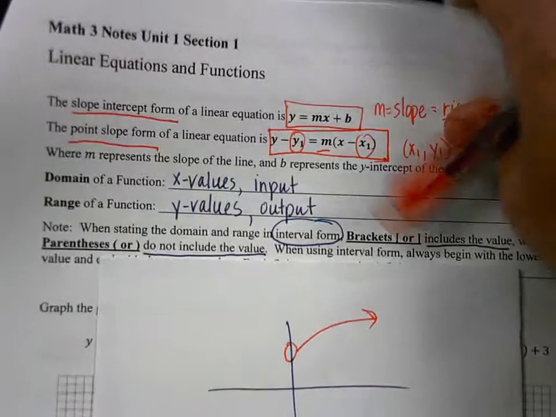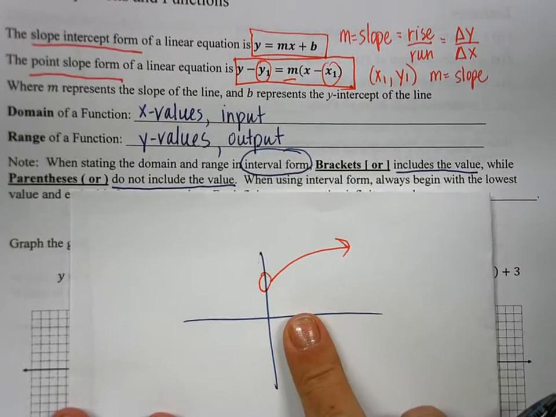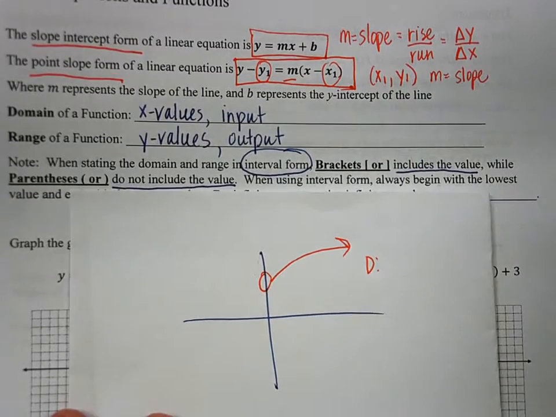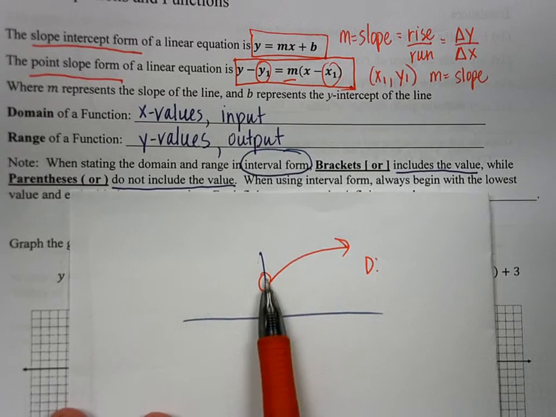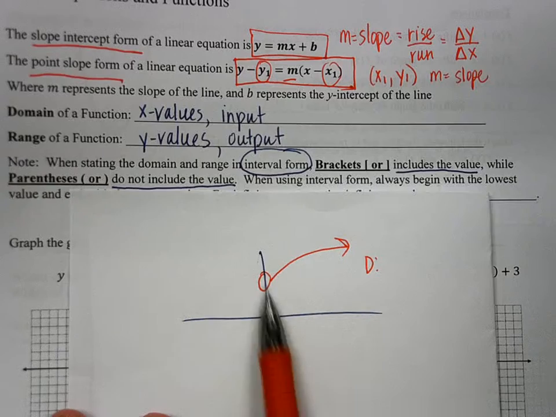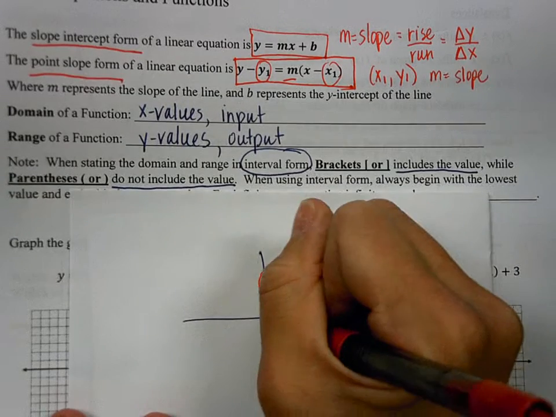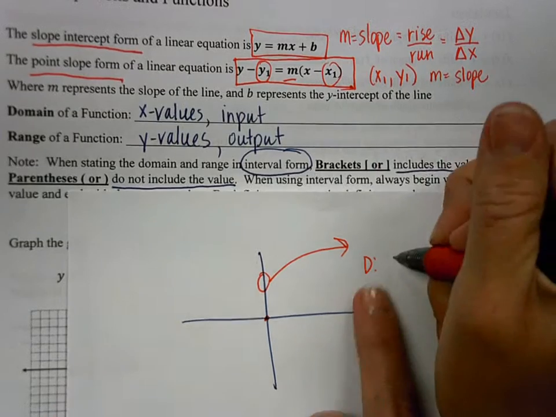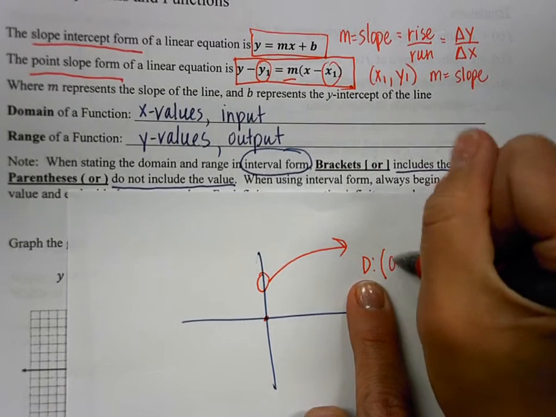If I were to write interval notation for this, okay? And so my domain is our x values. The x values start at what value is this right here? Well, this is the y, but on the x-axis, this is 0. So I would write this with a parenthesis and a 0.